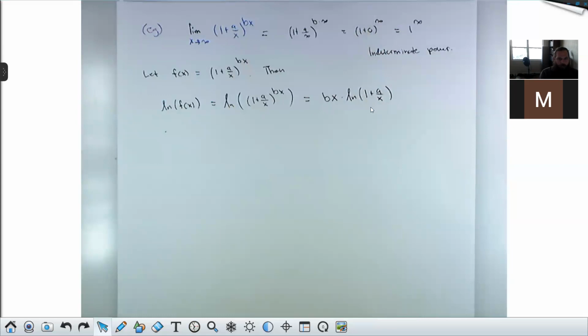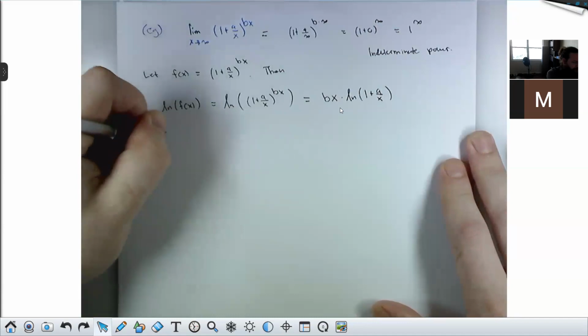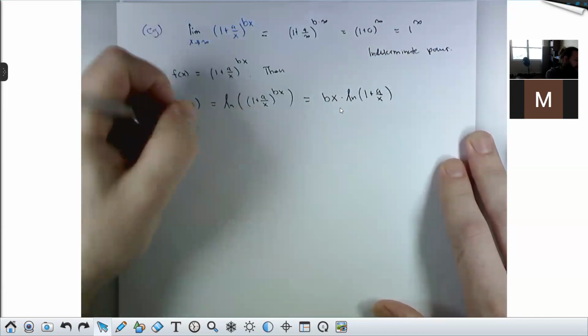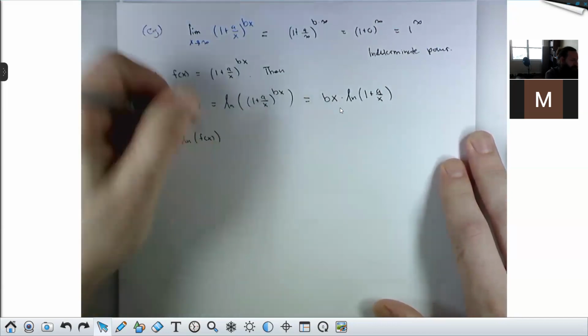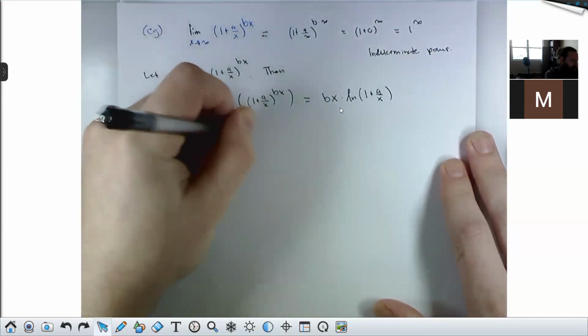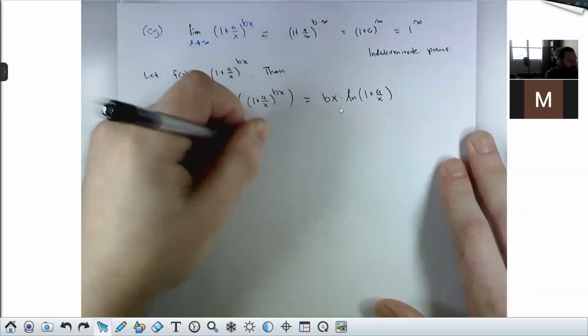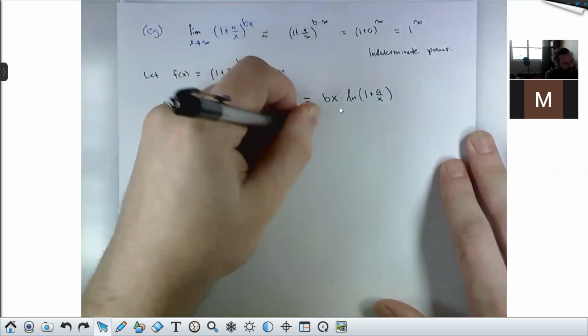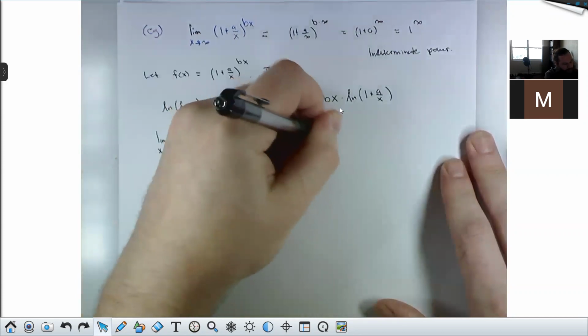If I try to take the limit of this expression as x goes to infinity, the inside of the log is 1 plus a over x. That's the piece that went to 1. And out here, this piece goes to infinity. So we would say now the limit as x goes to infinity of the natural log of my function is the limit as x goes to infinity of bx times the natural log of 1 plus a over x.